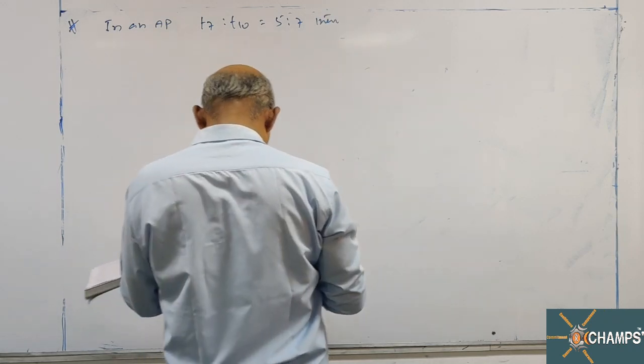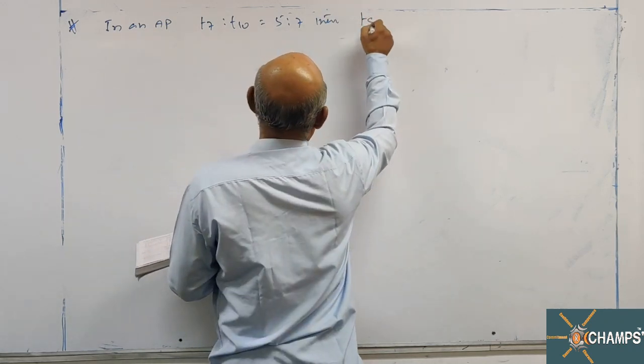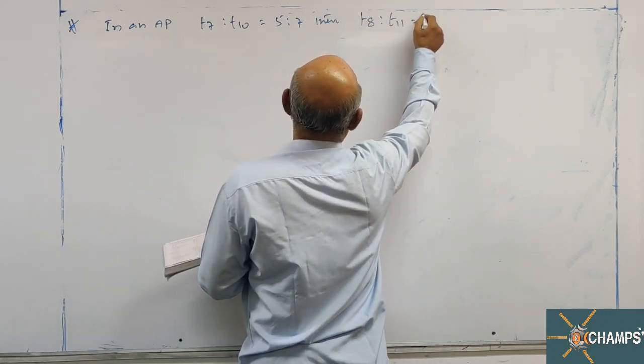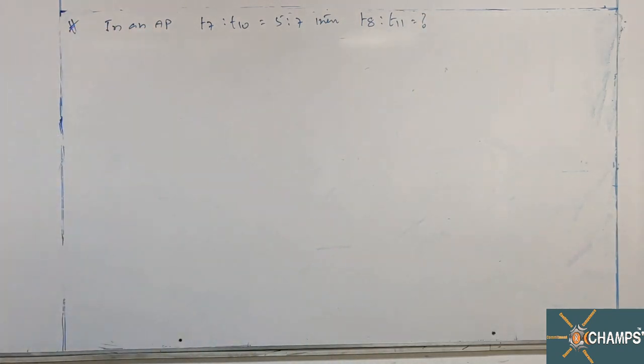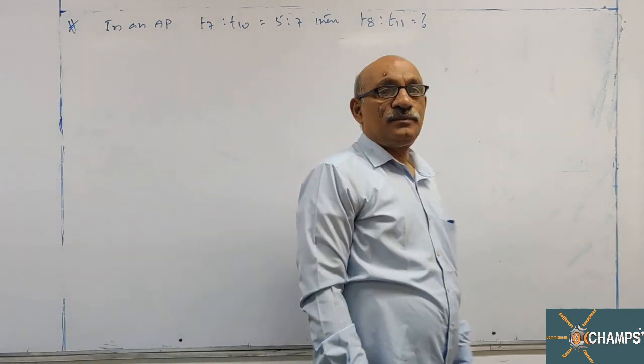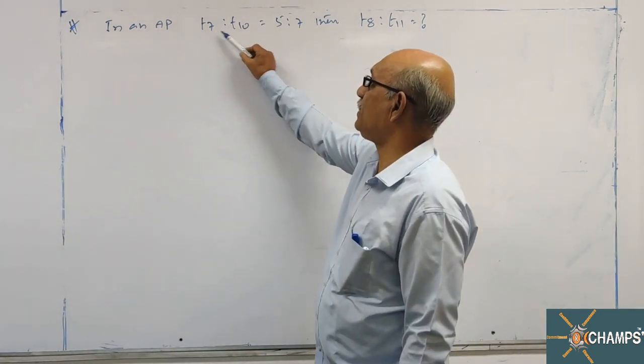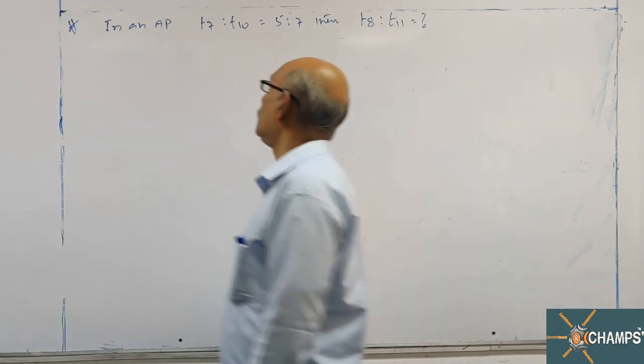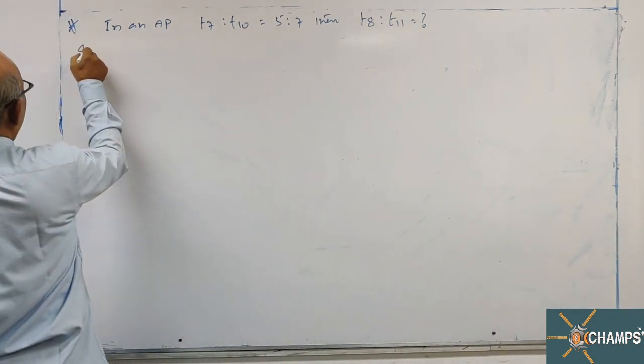Then T8 is to T11 is equal to question mark. Okay, sir. The ratio of the 7th and 10th terms is given. Let us see the solution part of this.